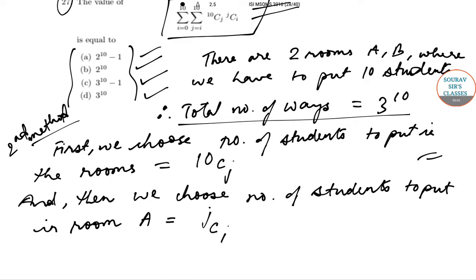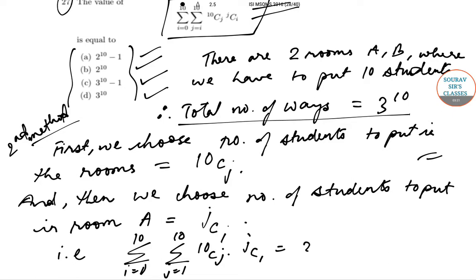Basically we can see that these two arguments are the same, that is summation of i goes from 0 to 10, summation of j goes from i to 10, 10Cj into JCi is equal to 3 to the power 10. So basically this is the option D, which is the correct option.